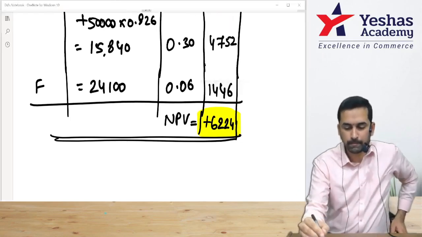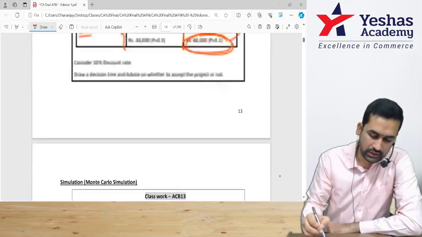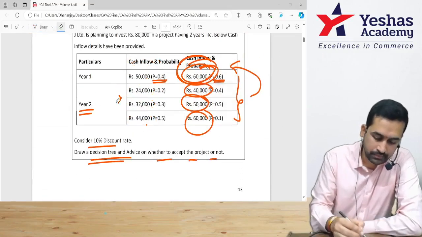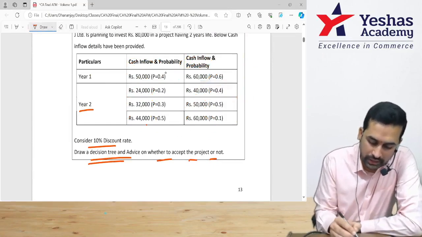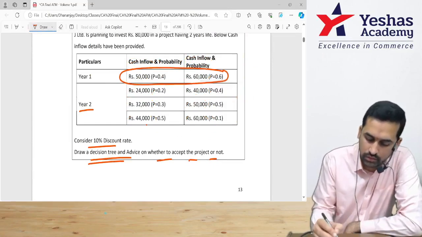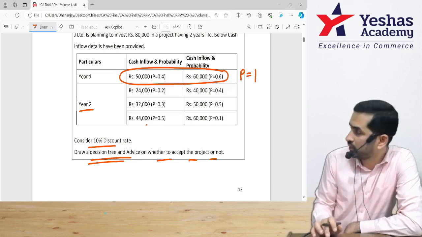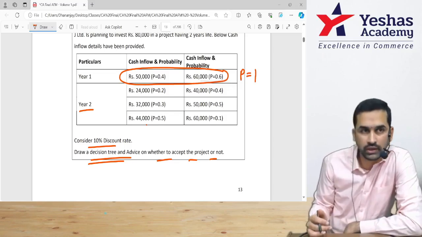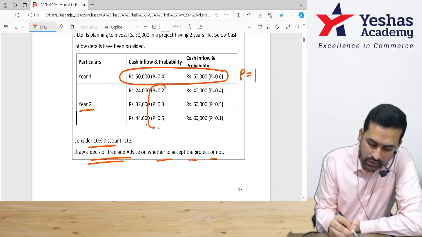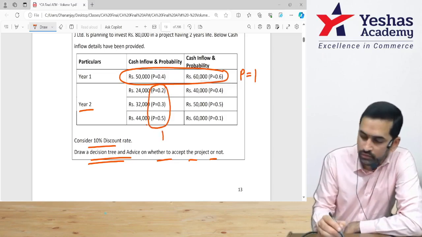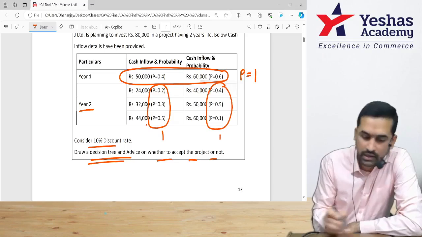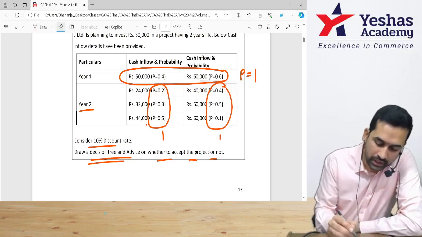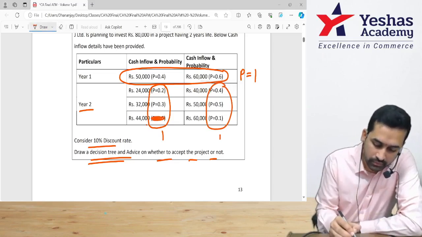Listen, one more thing that can be done in the exam. Tell me, this total probability should be equal to 1. Correct? And year 2, this total should be equal to 1. This total also should be equal to 1. Correct? They may not print one of these numbers. They may simply say P is equal to question mark.